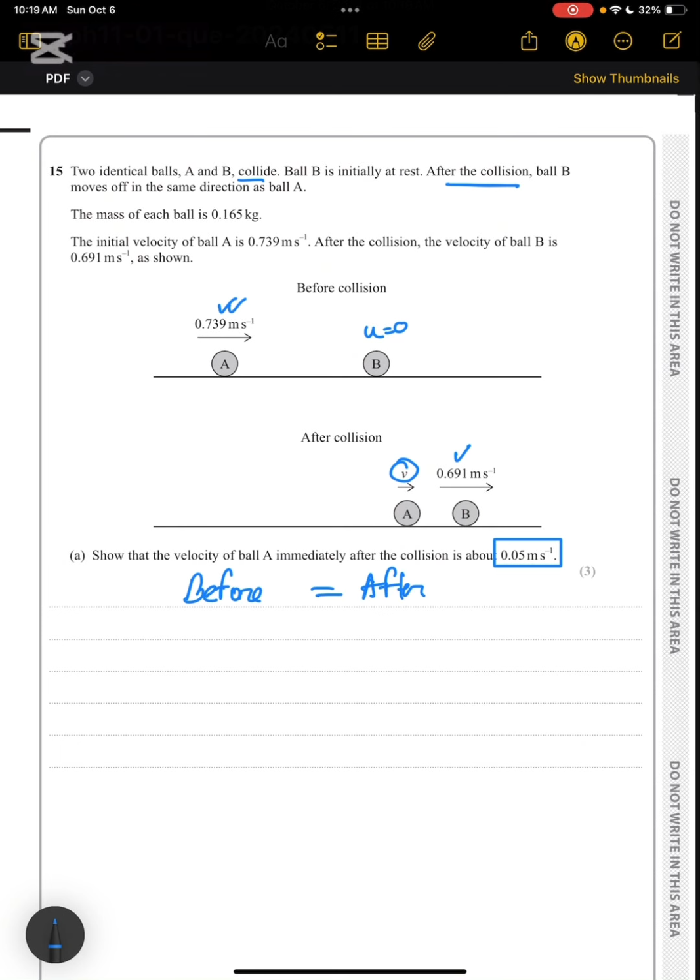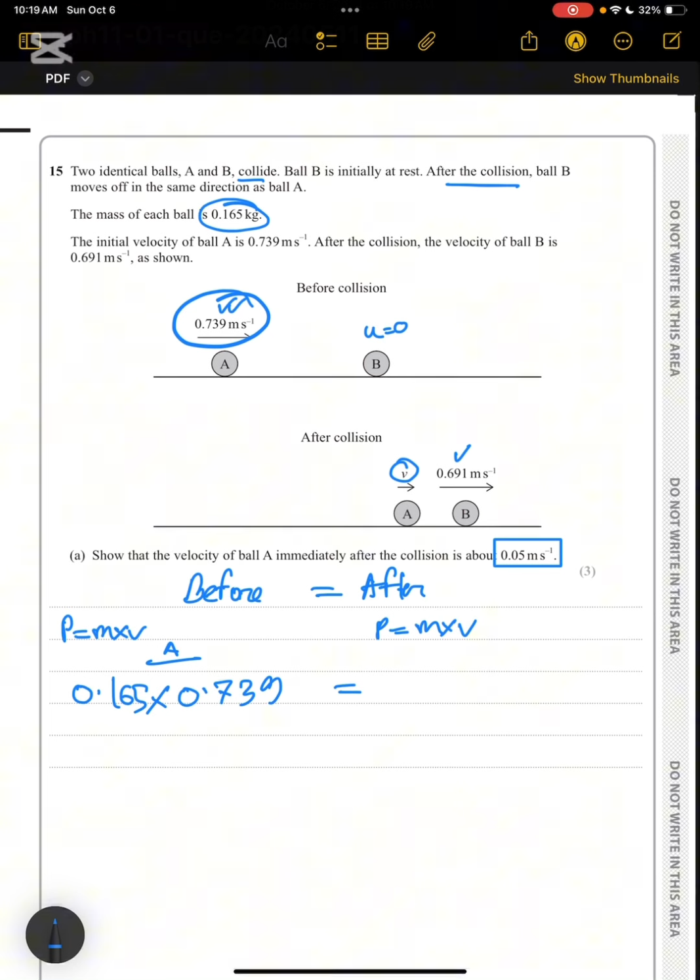Momentum is equal to mass into velocity. So for ball A, both of them have this mass 0.165. We can say 0.165 into this velocity for ball A, 0.739 is equal to, we will not consider ball B before because ball B had 0 velocity, so its momentum was 0 as well.